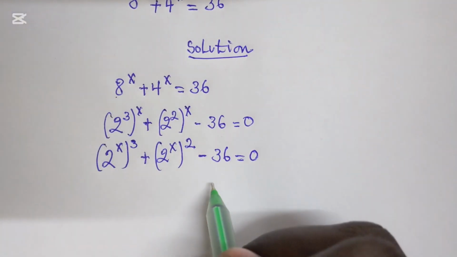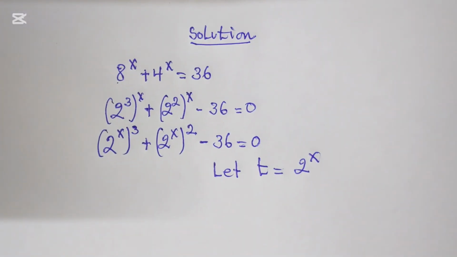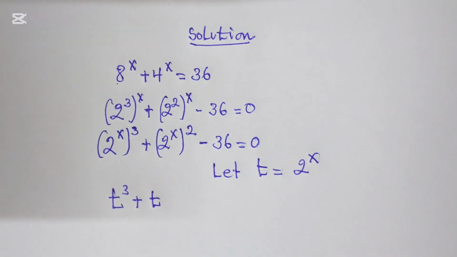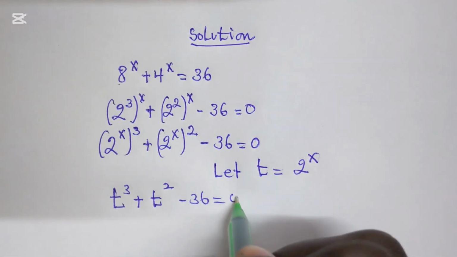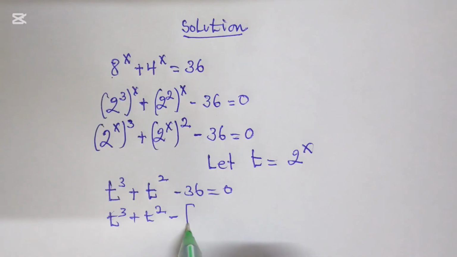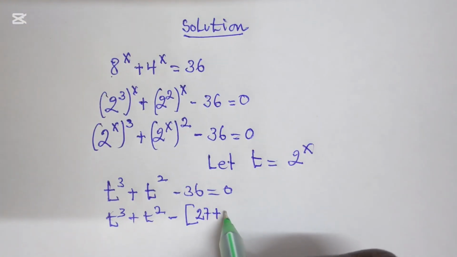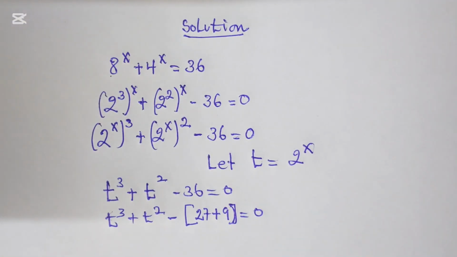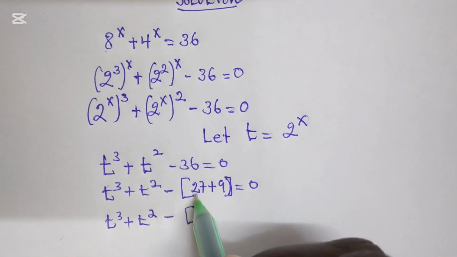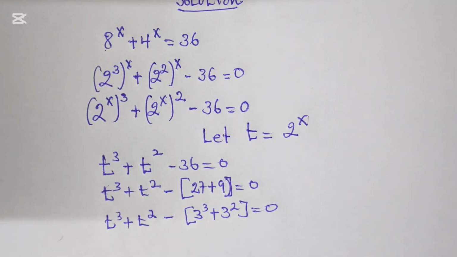Right now, we can let t equal 2 power x, so that t power 3 plus t squared minus 36 equals 0. Then, by finding two numbers that add to 36, we get 27 plus 9.